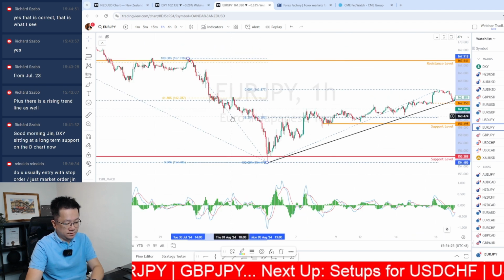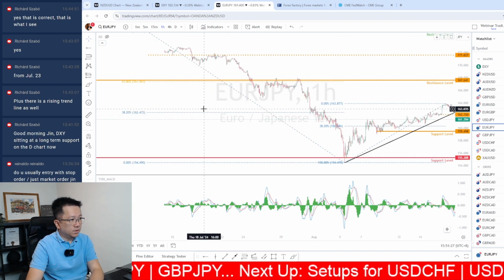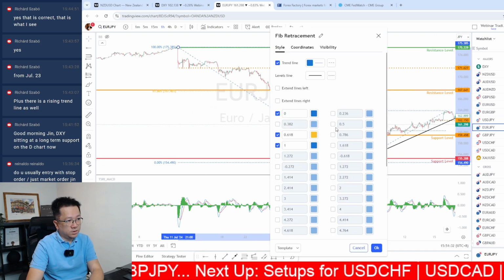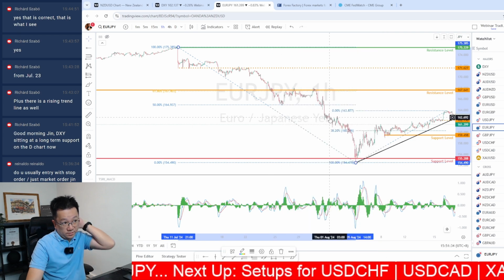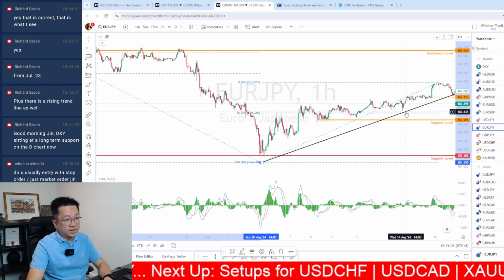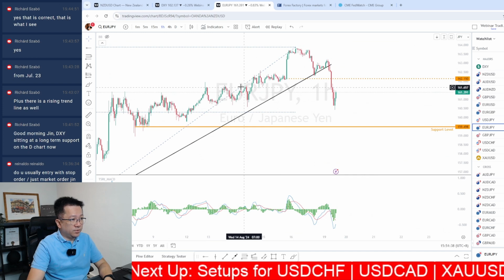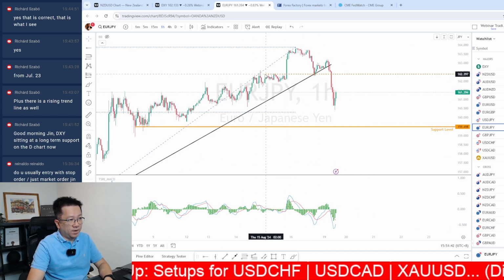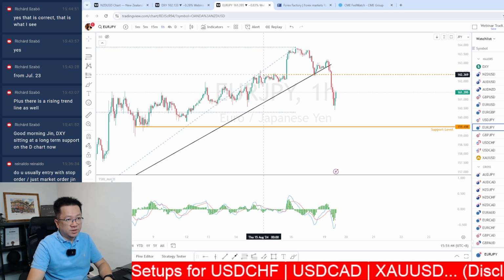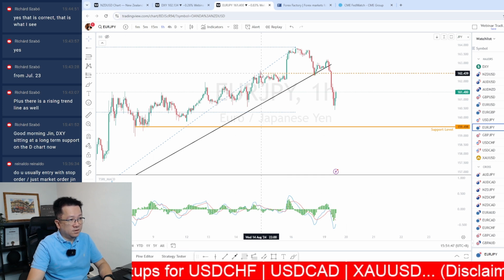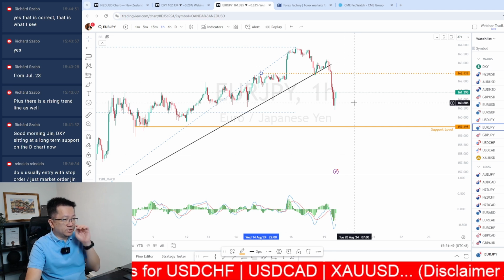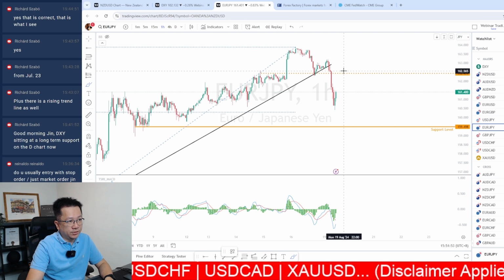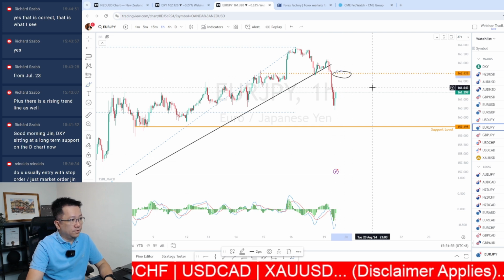So this one's done, and 38.2 done. I put 50 in there. Okay, so 50 in the area makes sense. I'm looking at the price levels here. So it could retrace right back up to 162.50, test and reject. So we're going to see a reaction back at this point here on the euro yen.